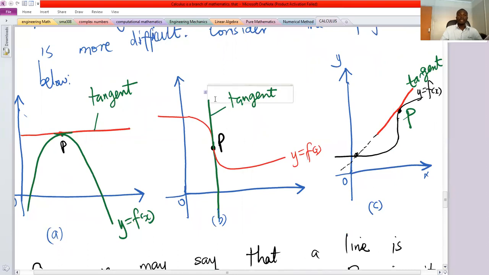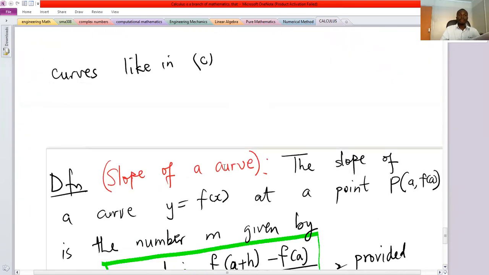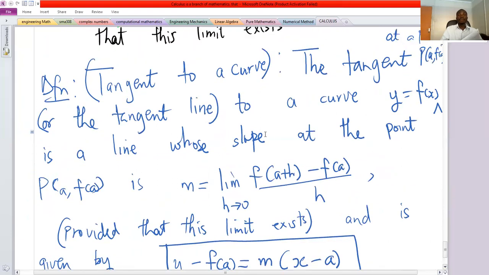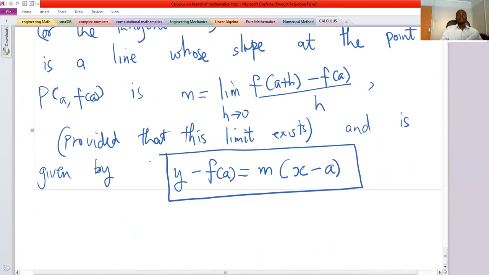Also, that contradicts this one because this seems not just to be touching only at point P. So this is a general definition of a tangent line to a curve. So it's any line whose slope at point P is given by this limit, if it exists, and its equation is given by y minus f of a equals m times x minus a.